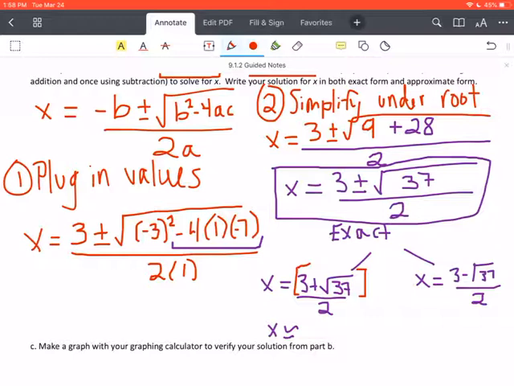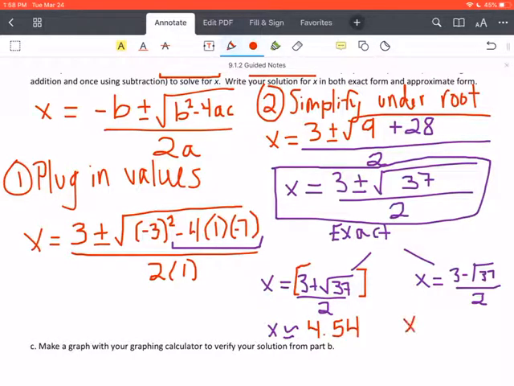So when you do 3 plus the square root of 37 and press enter, you're going to see a decimal of 9.0827. Do not do anything with that. You are then going to just press the division bar, so it carries down your answer without rounding, divide by 2, and you should get approximately 4.54 when you round to the nearest hundredth.